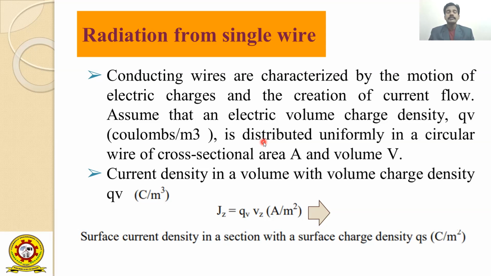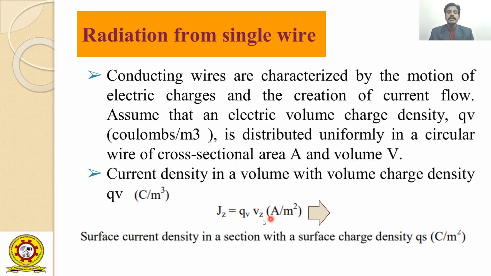This current density in a cylindrical volume wire produces the current density Jz. Now you can estimate the equation: current density equals charge density multiplied by velocity, with units of ampere per square meter.